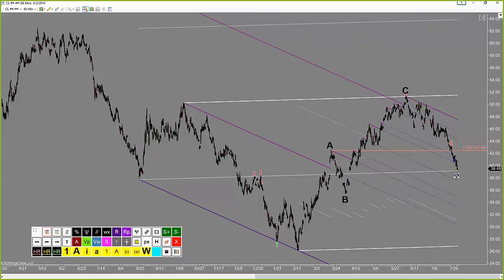I must have drawn that in a while back. It's likely going to give us an area for a bounce right here. All right, so be aware of that. It's pretty much right where we're at. I think coming down a little bit more to about low 39s.